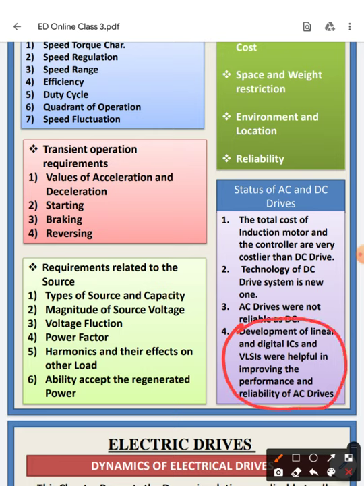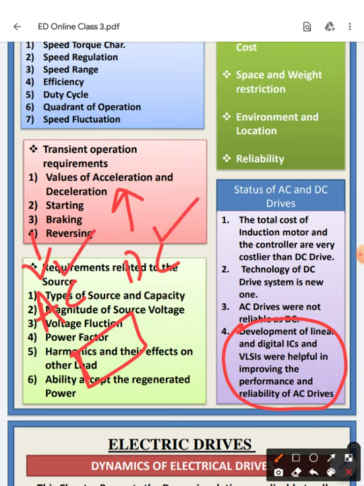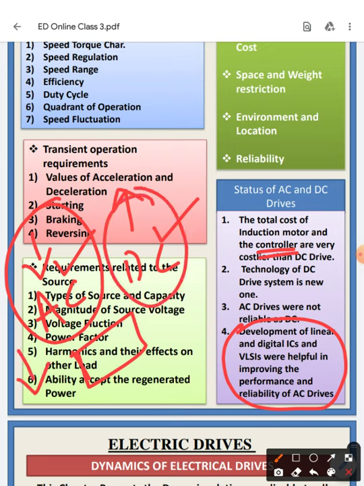The initial cost, that is the purchasing cost of AC machines: whenever we are purchasing one AC machine as well as one DC machine, the initial purchase value of the AC machine is low as compared to the DC machine for the same rating. For a particular work, if you select an AC machine and a DC machine, the cost of the AC machine without its controller part is lower as compared to the DC machine, right?